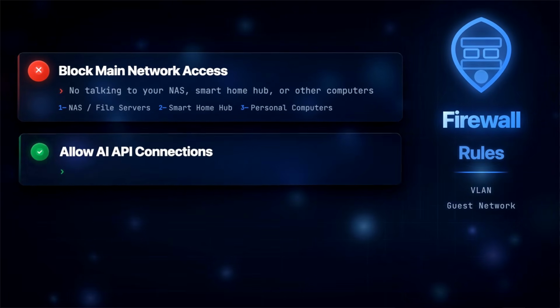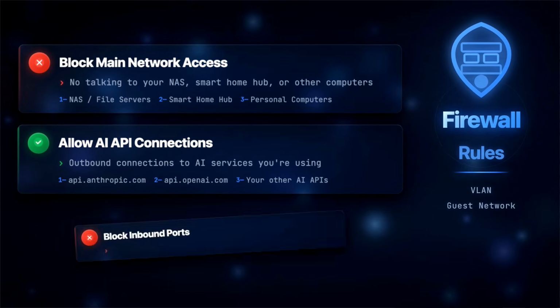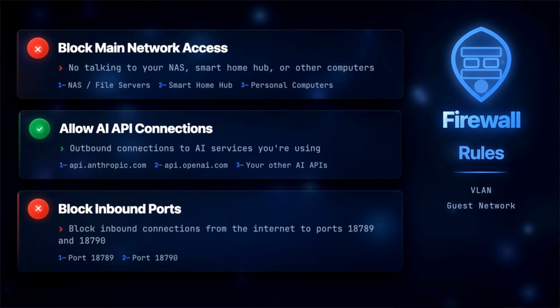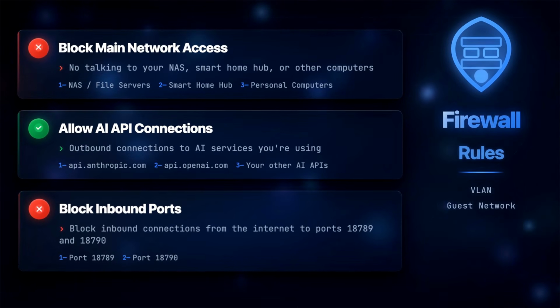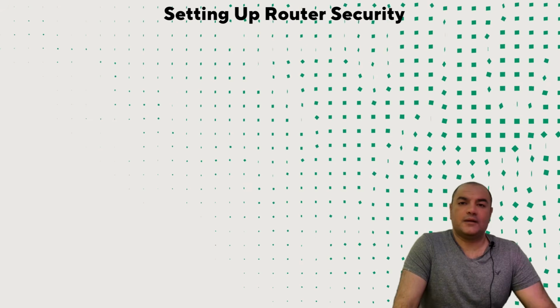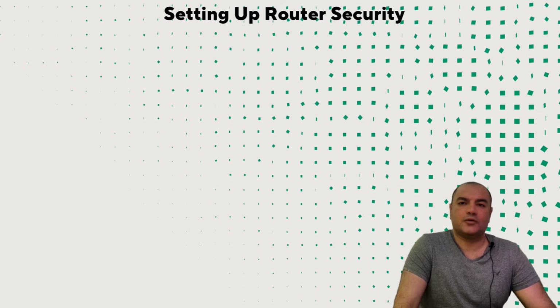Allow outbound connections to the AI APIs, Anthropic, OpenAI, whatever you're using. Block inbound connections from the internet to ports 18789 and 18790. Now let me show you the exact step-by-step setup for the most common consumer routers.